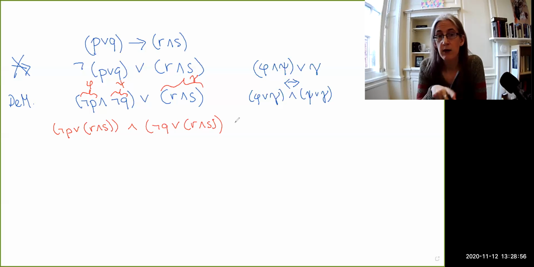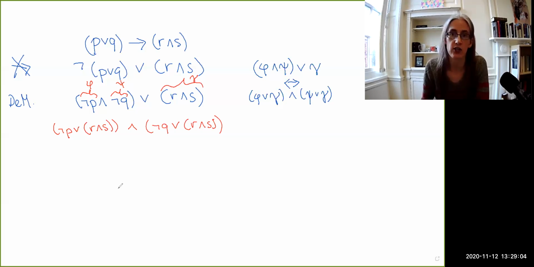But we can't stop here because this is not yet in conjunctive normal form, because as you can see, there is this conjunction that's inside this disjunction, which is inside the conjunction. That's too many embeddings. So let's do it one more time. We're going to do another distribution, except here, R is going to be our phi, S is going to be our psi, and not P is going to be our gamma.